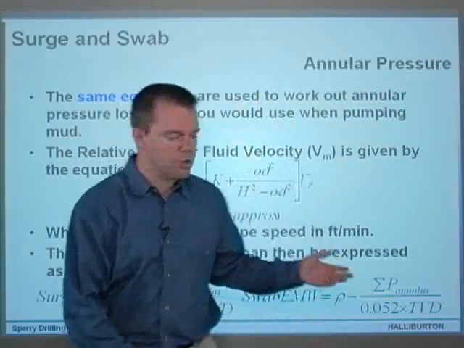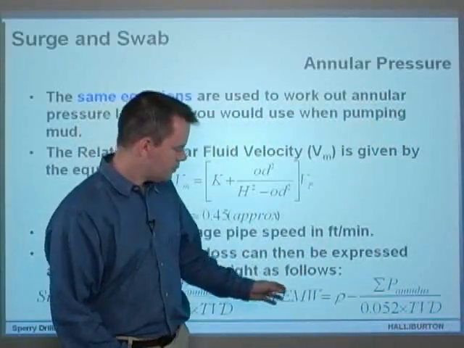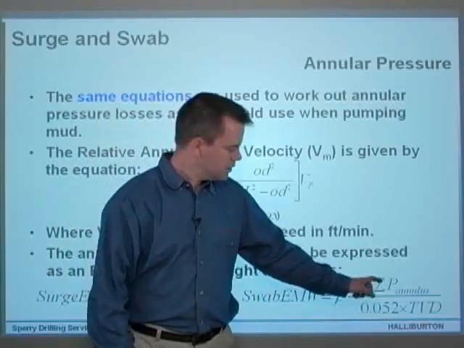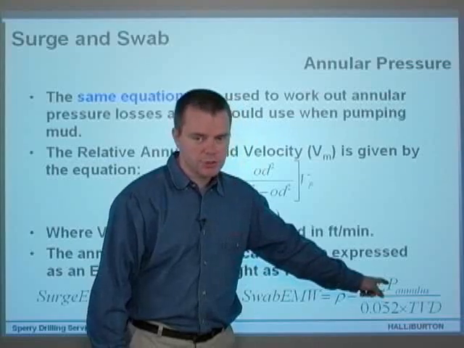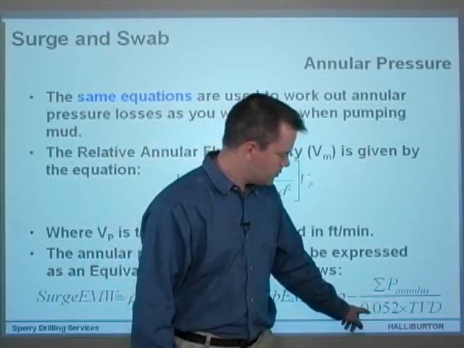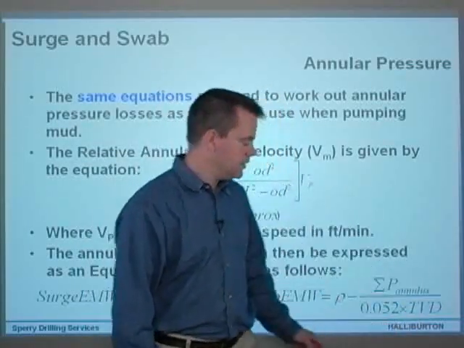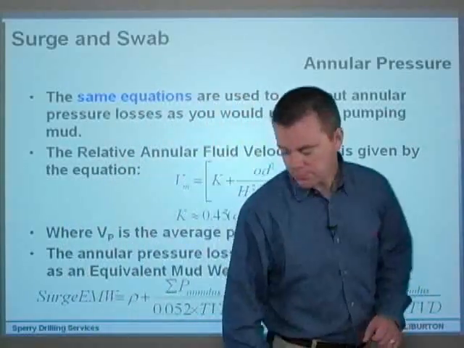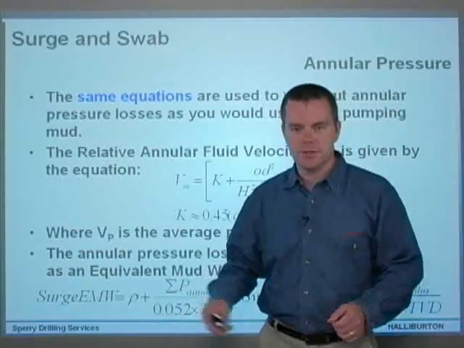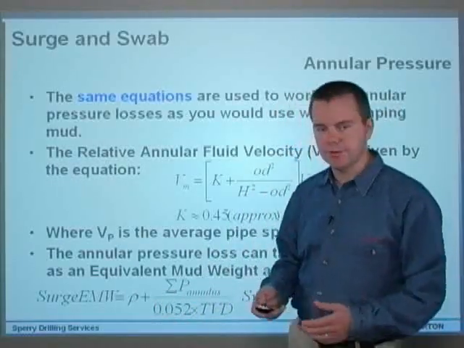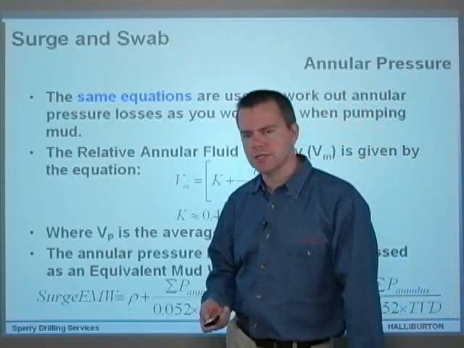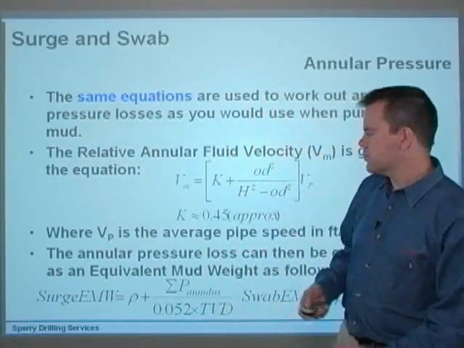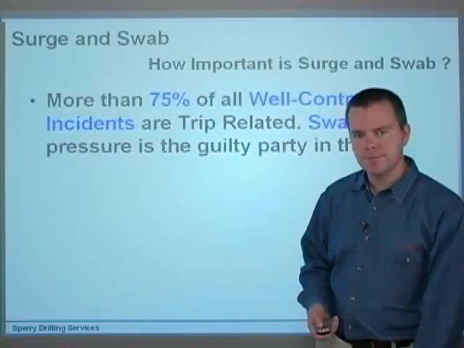And in the case of a swab, your swab equivalent mud weight gives you your mud density minus the pressure drop in the annulus again, divided by 0.052 and TVD. So you're subtracting your annular pressure drop for a swab, and you're adding it for a surge. That basically explains roughly what our software does. It's a little bit more complex than that, and it does a little bit more within our software, but that's the principle behind it.